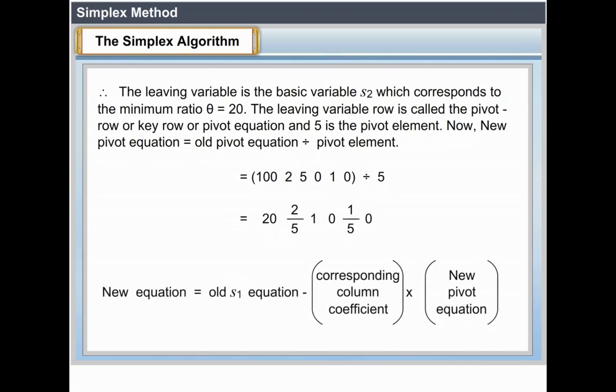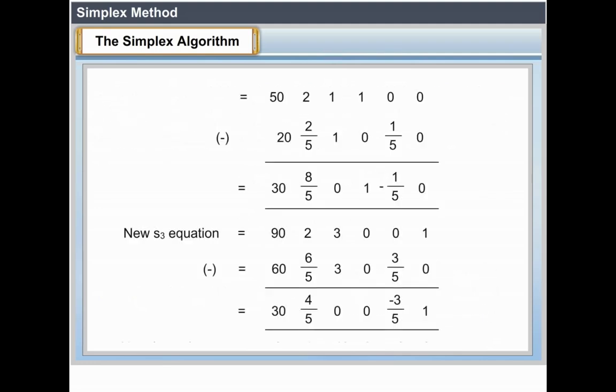New S1 equation equals old S1 equation minus corresponding coefficient times new pivot equation, which is 50, 2, 1, 1, 0, 0 minus 20, 2 by 5, 1, 0, 1 by 5, 0. We just subtract these two equations. After subtracting, we get 30, 8 by 5, 0, 0, minus 1 by 5, 0.